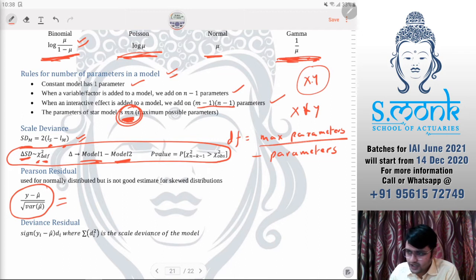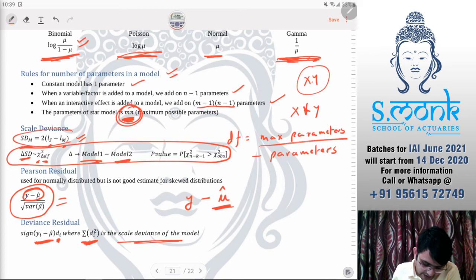The other is deviance residual. Deviance residual is nothing but the sign of y minus mu hat, multiplied by di. The sign just means that you take y minus your estimated value and only note whether it is positive or negative, multiplied by di, where the summation of di square is the scale deviance of the model that we calculated.